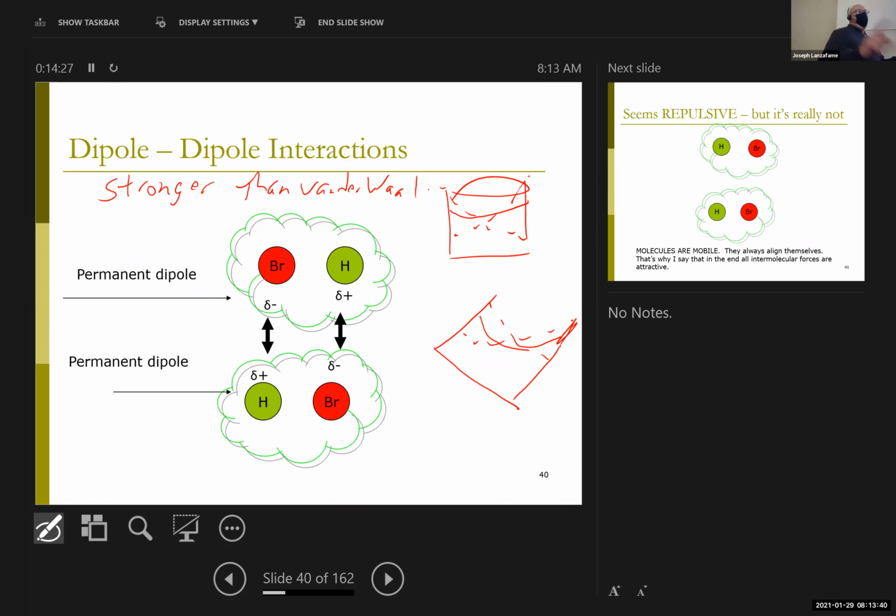And so if I'm talking about a molecule like HBr, its intermolecular forces are dominated by the dipole-dipole interaction, although it does have both, right?